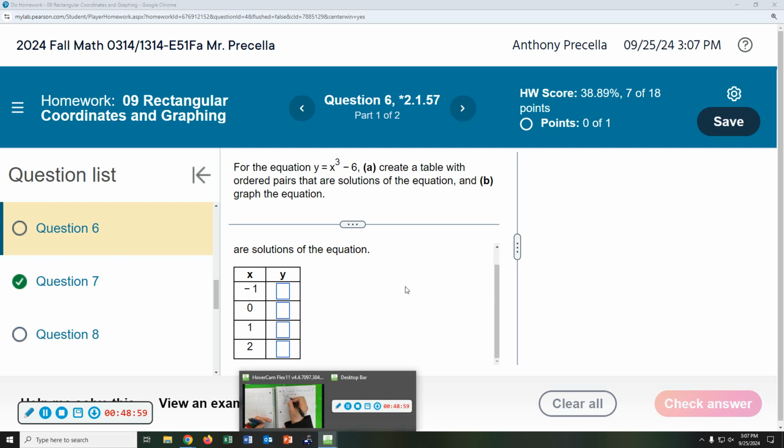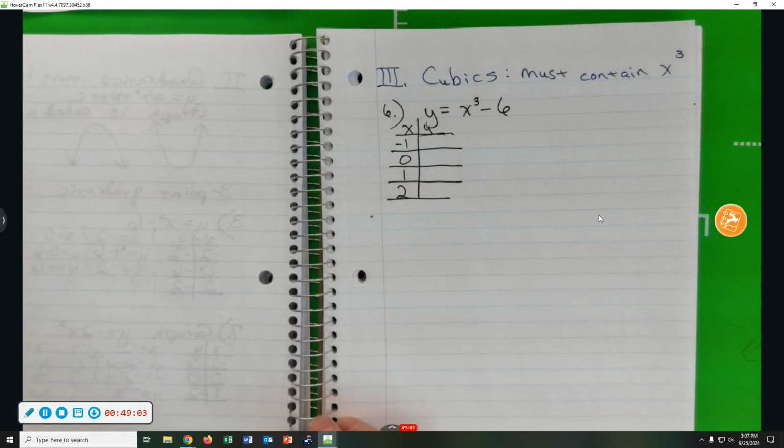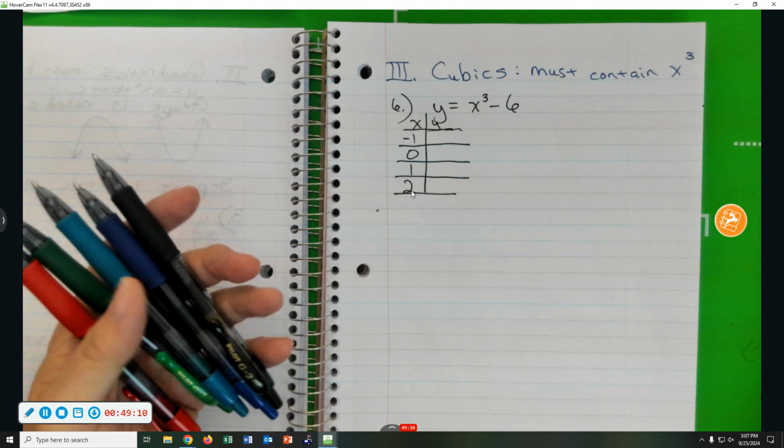Here, you don't get to choose your x values. They're telling you which ones to plug in.